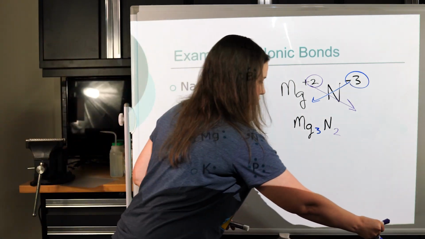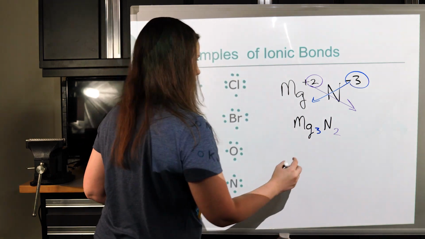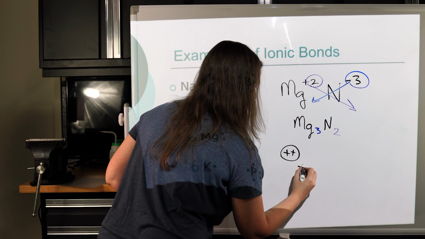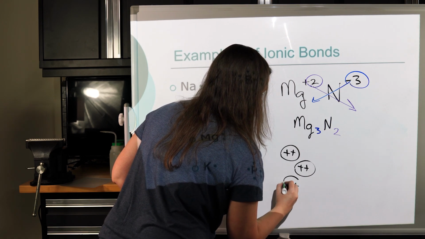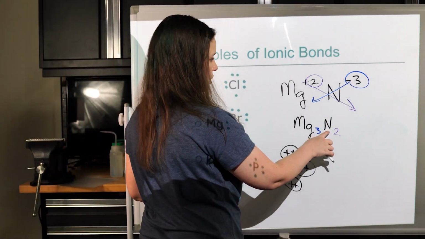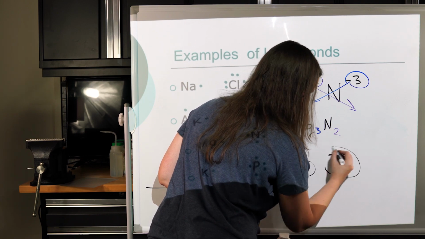Let's draw this out so you can see it's the same. Magnesium comes as a set of +2s, right? So by the crisscross method, it tells me I need 3. That gives me a total of 6 positive charges. But then with the nitrogen, it came as a set of 3 negatives.